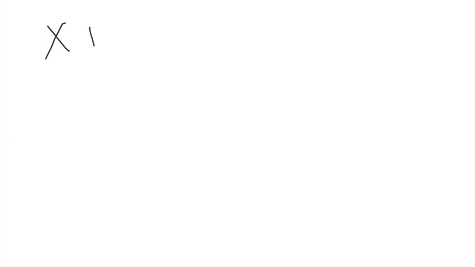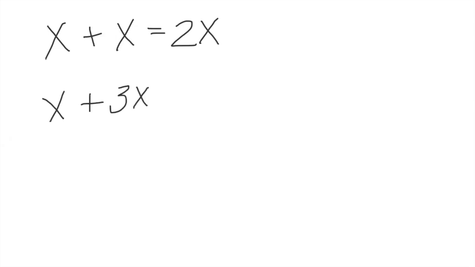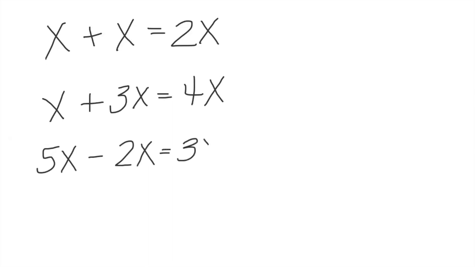So for example, if we have x plus x, we can add these up and they will equal 2x, okay? If we have x plus 3x, 1 plus 3 gives us 4x. When we're adding x's or subtracting them, let's say we have 5x minus 2x, that gives us 3x, okay?